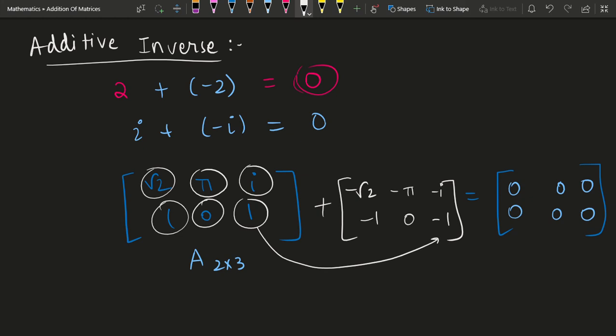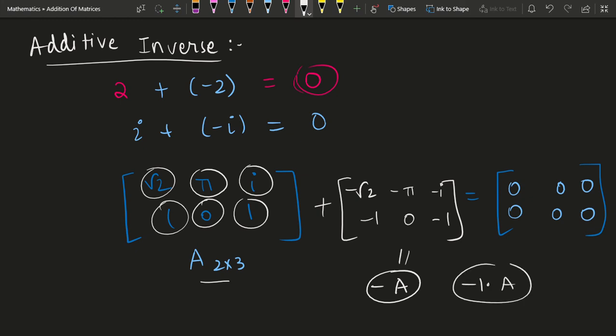And notice this is just the same as saying you write negative A, and that's the concept of scalar multiplication. That is, you multiply this matrix A by a certain number, in this case -1, and you get a resulting matrix.